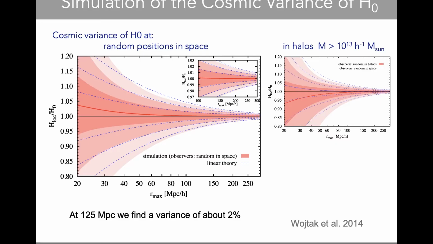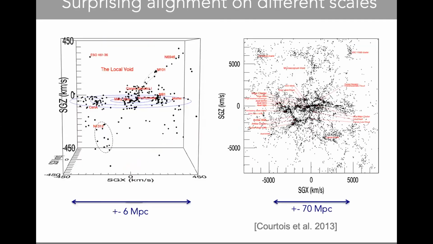But 2% within a radius of 125 megaparsec is about as much as we have. The variance is about 2%. Anyway, so it's a little bit improbable. It's not standard that you would find this underdensity, but it's still not improbable.